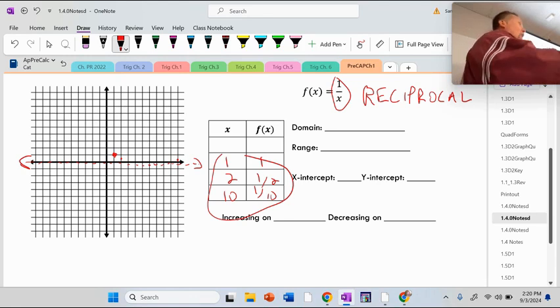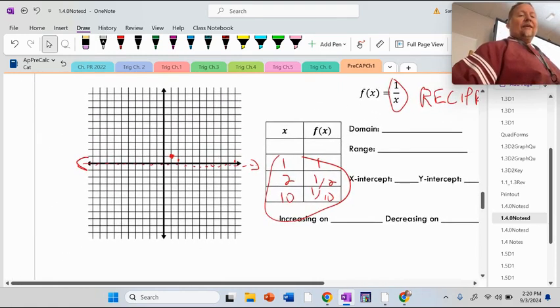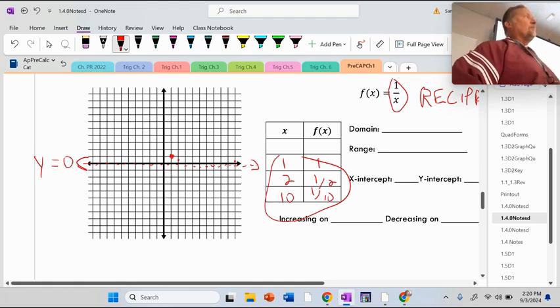I plug in 100, I get 1 over 100, which is not 0. As a matter of fact, this could never become 0. You could never get an output that is 0. That's why we draw that boundary line. This is called an asymptote. Can everyone say asymptote? And this asymptote is actually y equals 0.